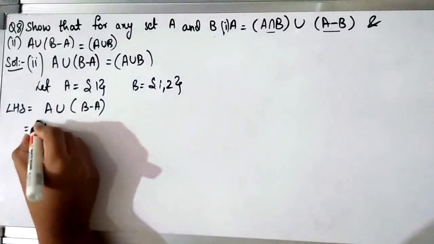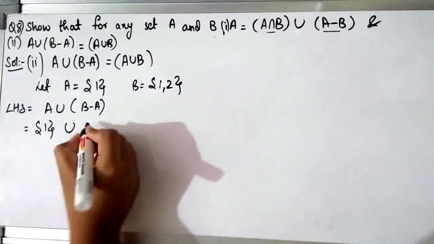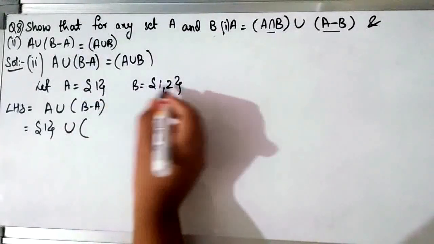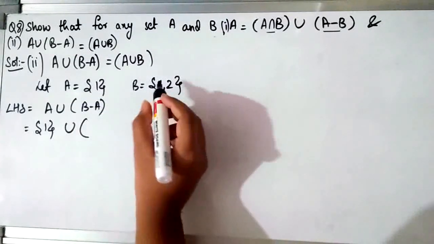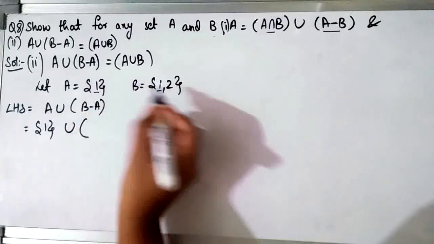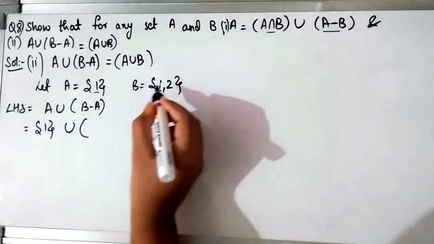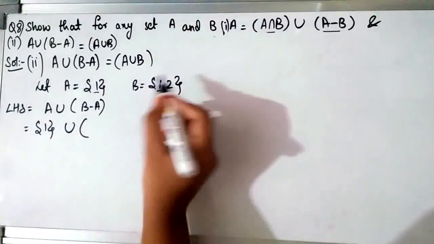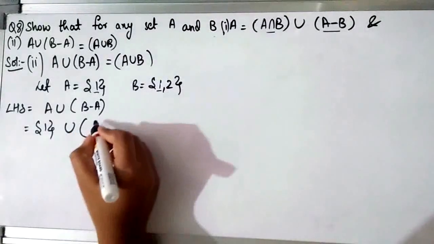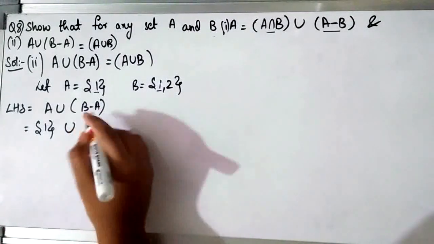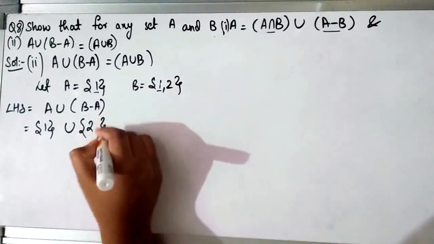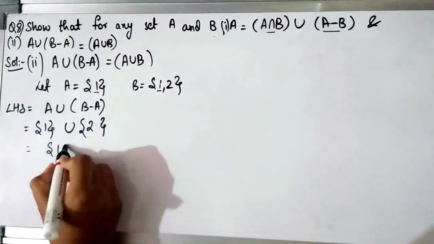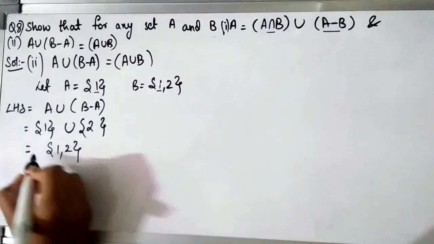A is {1}, and now B minus A: check for the common elements. The common element is 1. You have to subtract this common element from set B, since set B is given first, and write the leftover element of set B, that is 2. So your B minus A is {2}.